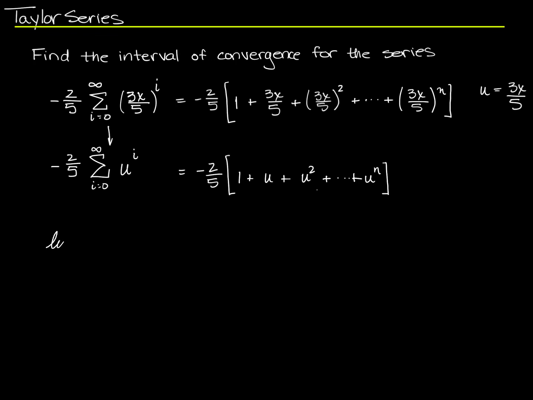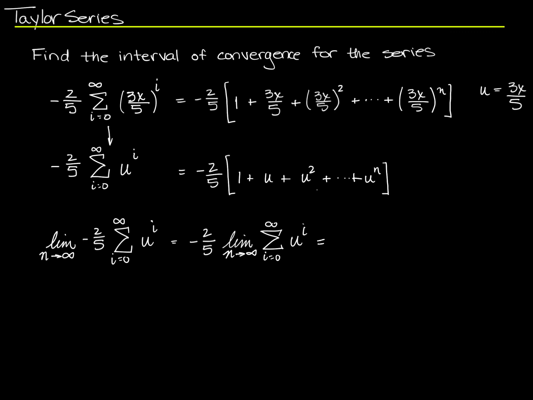If we then take the limit of negative 2/5 times the sum from i equals 0 to infinity of u to the i, then using the limit laws, we can pull that 2/5 out front. We have the limit as n goes to infinity. Oh, I see, I didn't include that down here. The limit as n goes to infinity of the sum, i going from 0 to n, of u to the i.